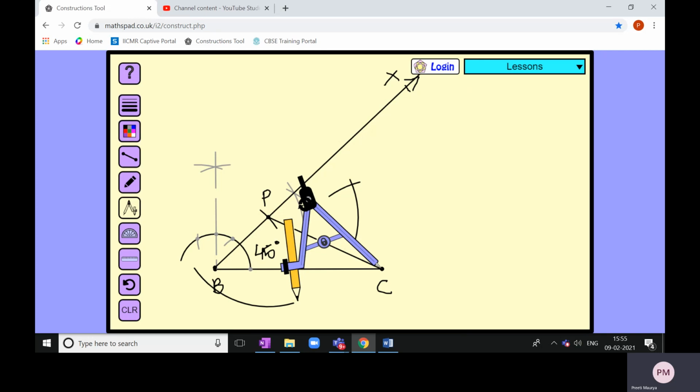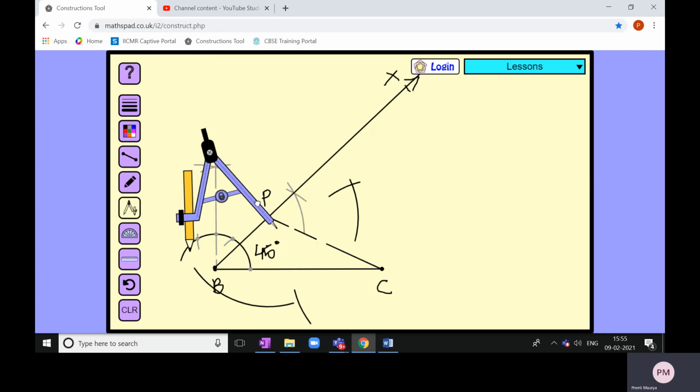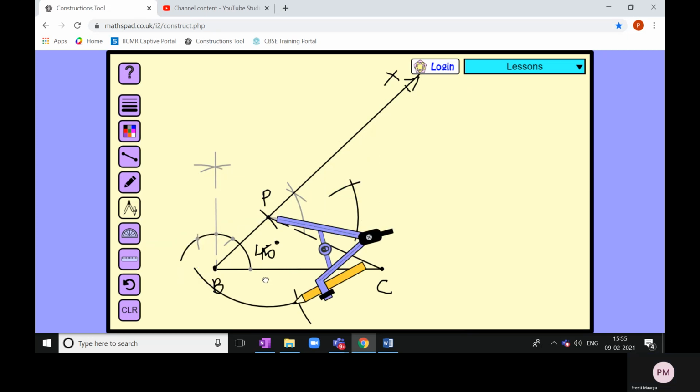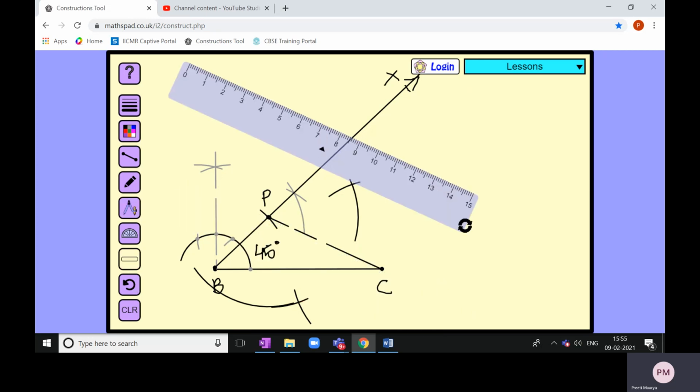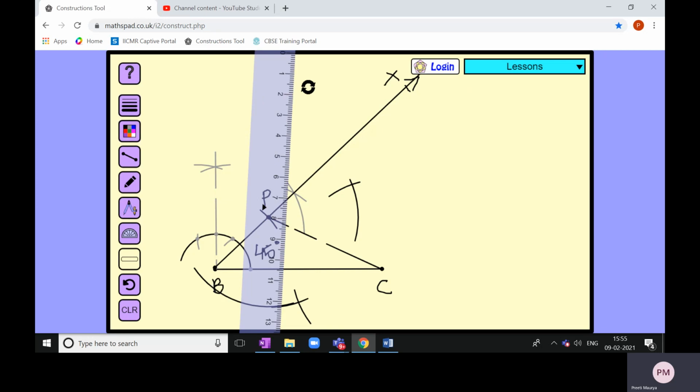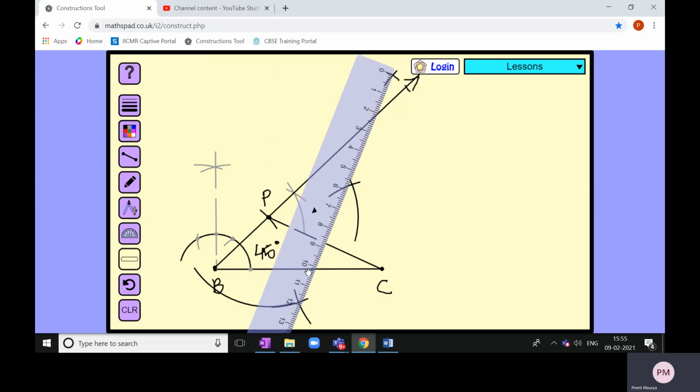Now I need to extend my arc a bit, keeping it at point P. So here I got the point of intersection. Now I will join the 2 points of intersection and obtain the bisector LM, which is the perpendicular bisector of line PC.